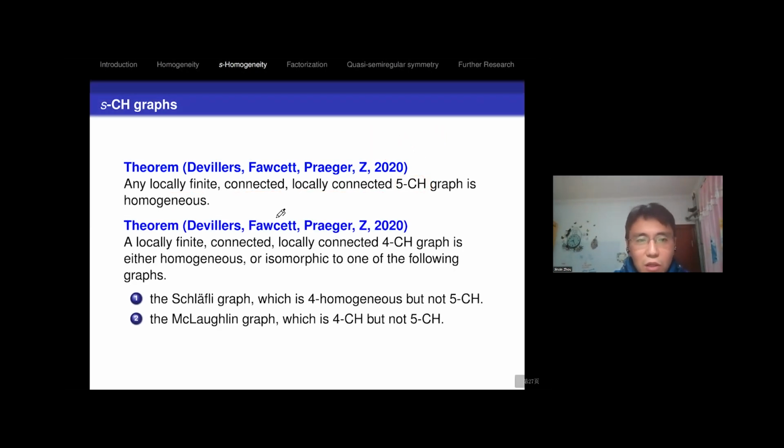And also for s equal to 4 with the same requirement, a 4-CH graph is either homogeneous or isomorphic to one of the following graphs, the Schläfli graph or the McLaughlin graph.